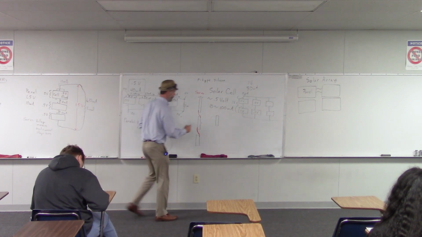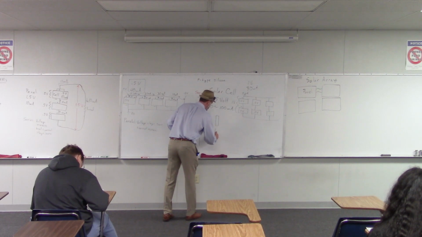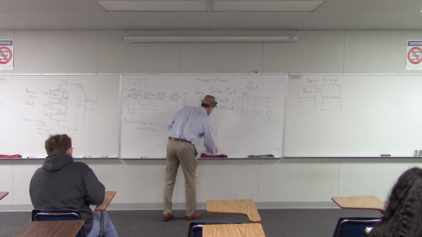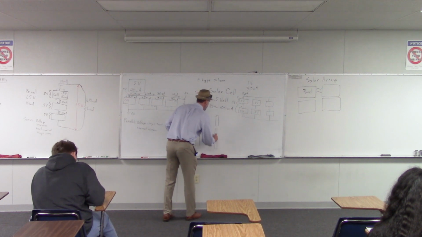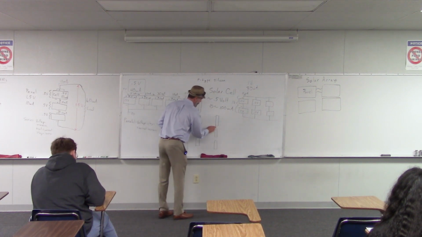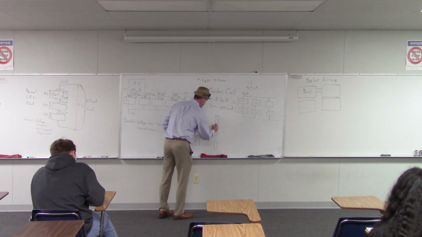So if you have cells in a panel and you want to connect them in parallel, you take the same little pieces of metal or foil and you just connect them so that the negative sides are connected to each other and the positive sides are connected to each other.